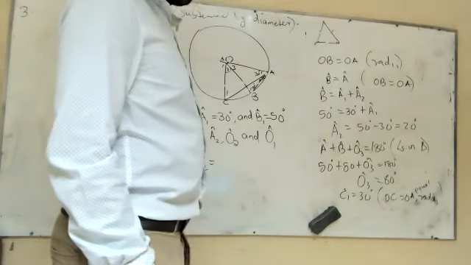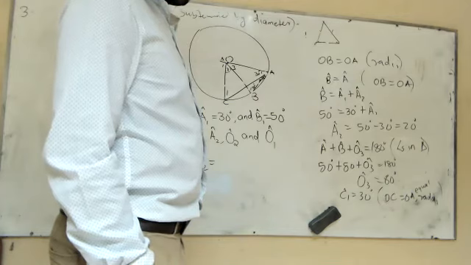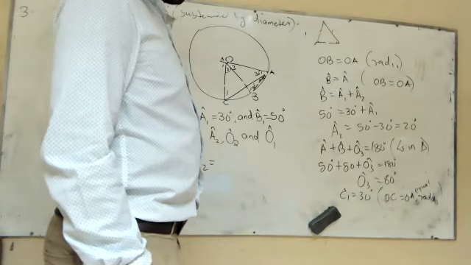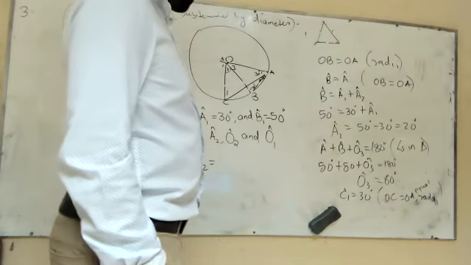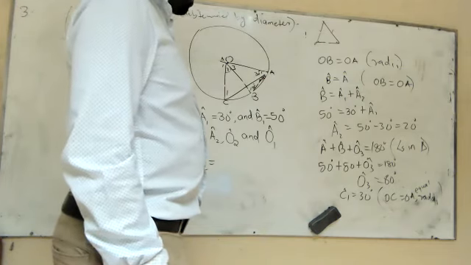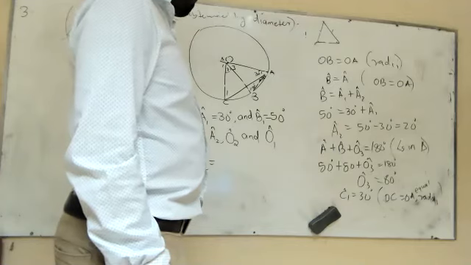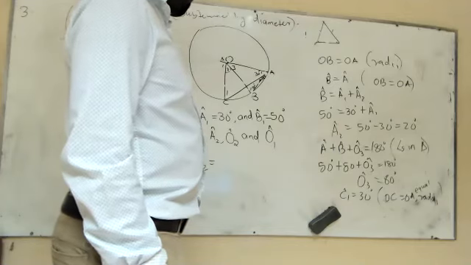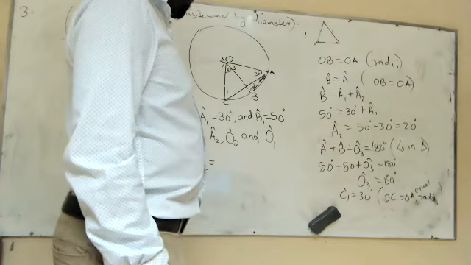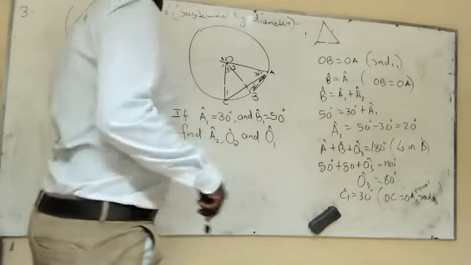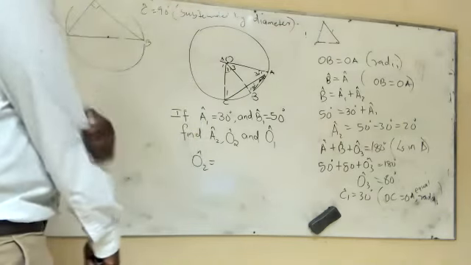I did not get the last part of what you were saying. Oh, angle O3 is equal to C1. So 80 minus 30 will be 50, corresponding angles. Not sure. All right. Yes. Okay.